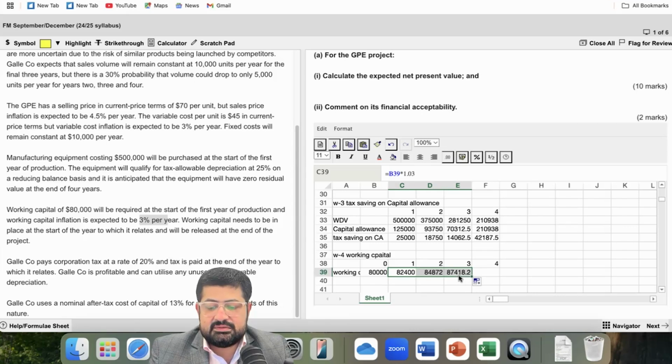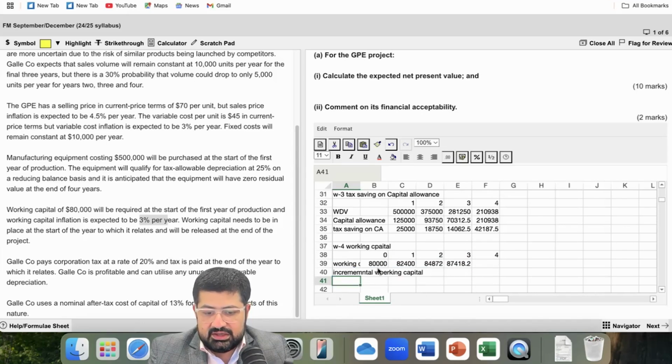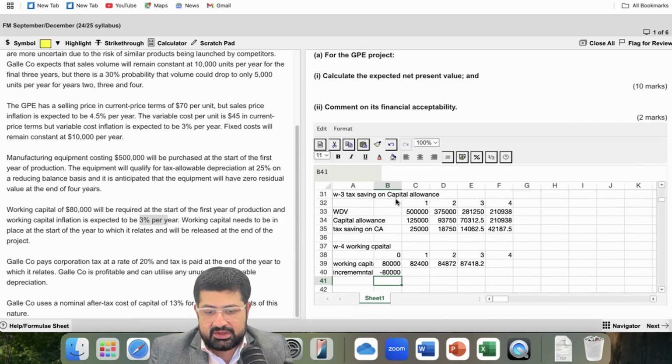And like this. So incremental working capital. Incremental working capital will be equal to minus this, the initial outflow, incremental working capital. Then total working capital required is this. There is already this available. 80,000 is already there. Required is 82,400.